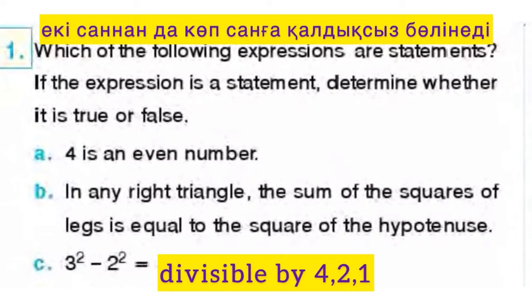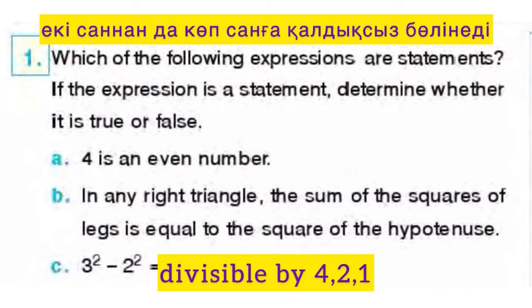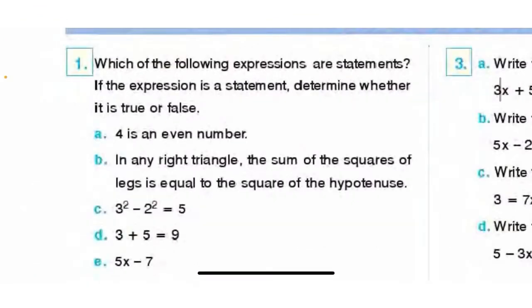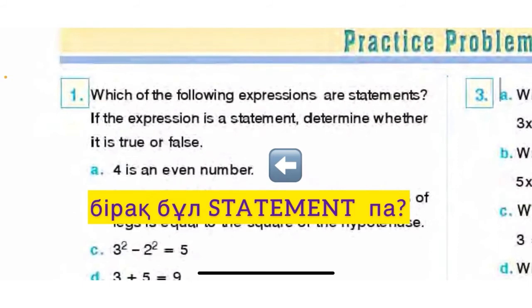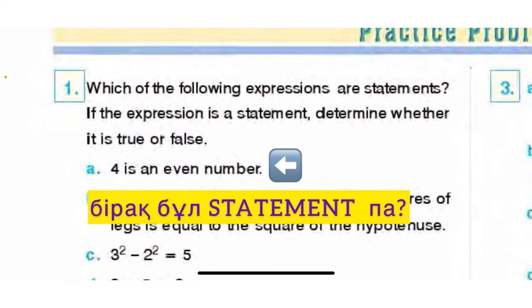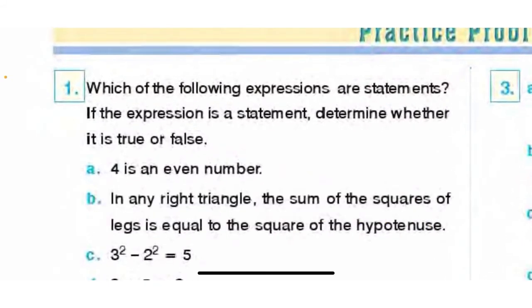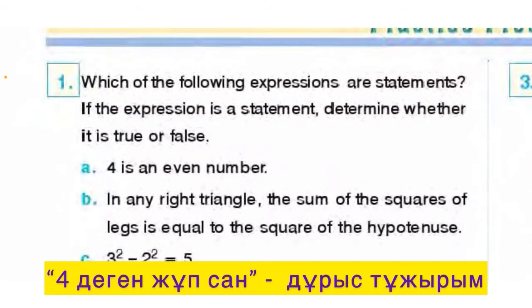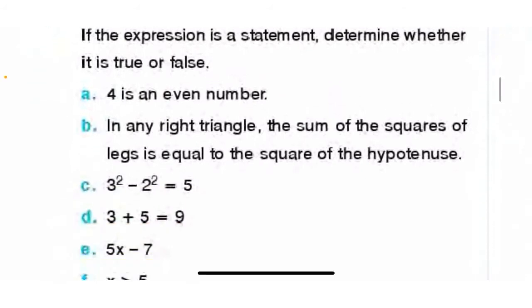It is divisible by more than just 2 numbers. So yes, it is an even number. But is it a statement? Yes, it is a statement. It can be correct or incorrect. But in our case, 4 is an even number is a correct statement. It's a true statement. What about the second one?